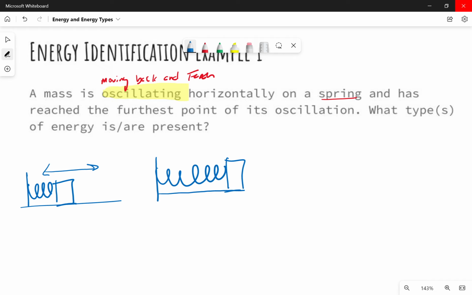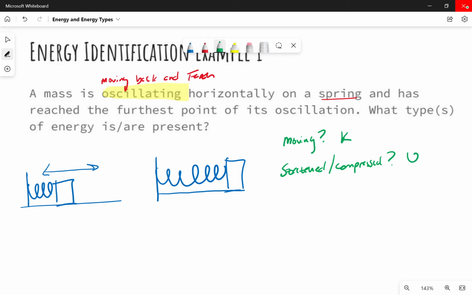Now, before we dive into the energy part, let me tell you a few questions that you should ask yourself. So we've identified 3 different types of energy, and there's a question that goes along with each of those. Number 1, is it moving? If it is, it's got kinetic energy. The second question we want to ask is, is something stretched or compressed?